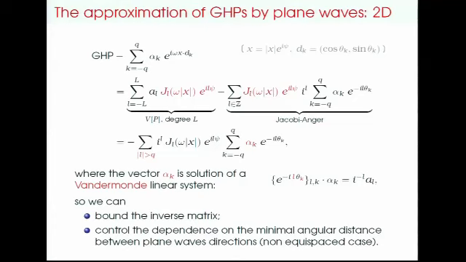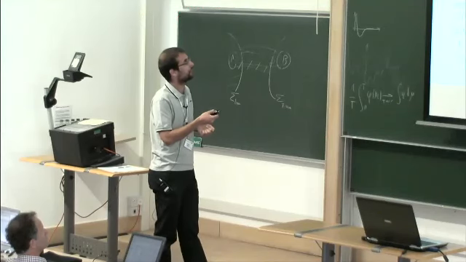So we can have an approximation if this alpha k, the coefficient of the plane wave, can match this sum, can match the coefficient of the generalized polynomial A_l.